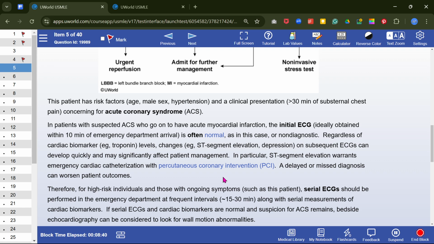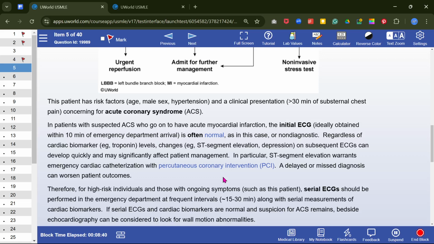The initial ECG, ideally obtained within 10 minutes of emergency department arrival, is often normal, as in this case, or non-diagnostic, regardless of cardiac biomarker level. ST segment elevation or depression on subsequent ECG can develop quickly and may significantly affect patient management. In particular, ST segment elevation warrants emergency cardiac catheterization with PCI. A delayed or missed diagnosis can worsen the patient outcome.